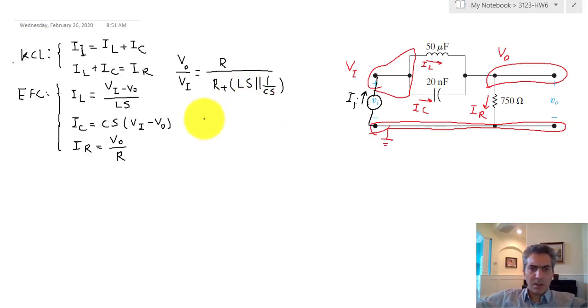Now let's actually evaluate this. So this would be R over R plus.